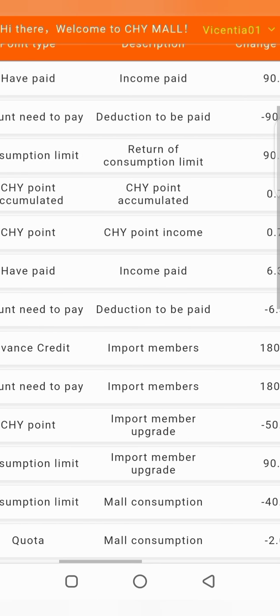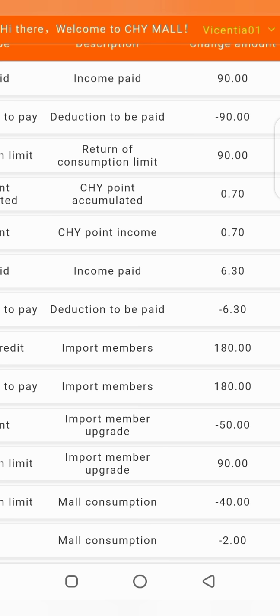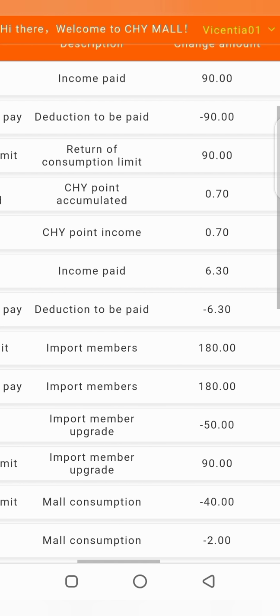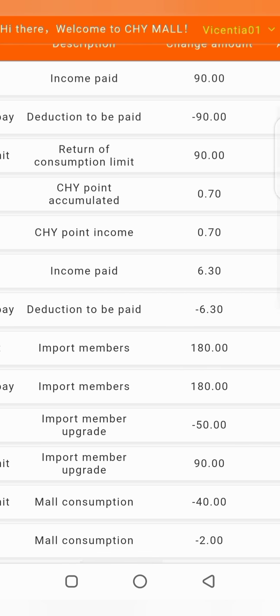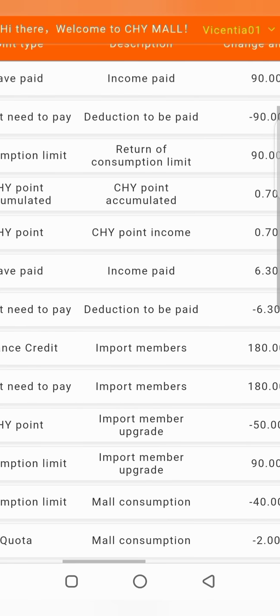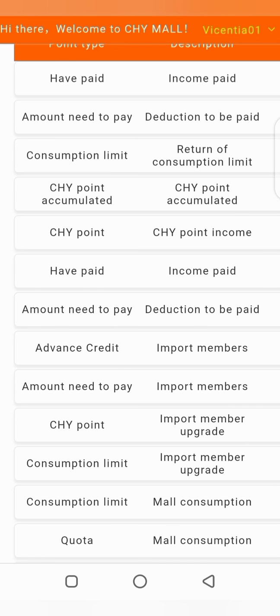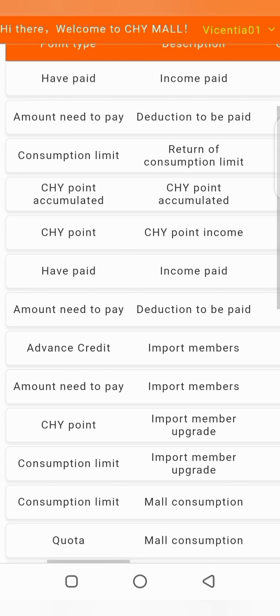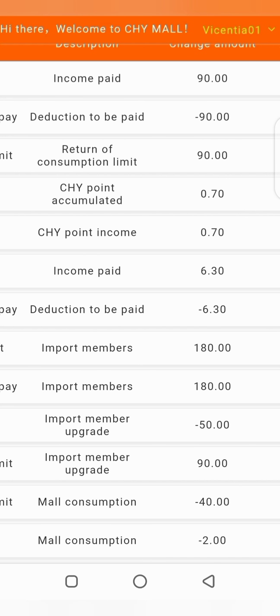But if your points weren't enough to pay for the consumption points, you would have seen that on top of the CHY point import member upgrade, where you were deducted a point, you would have amount to pay, and you would have minus and the amount needed.